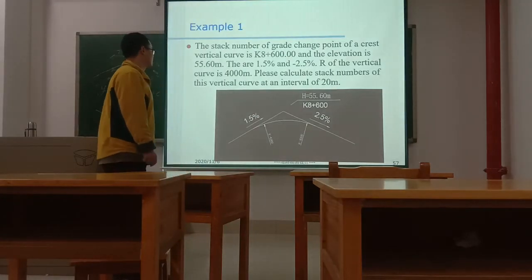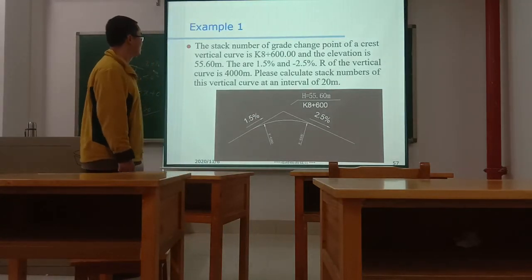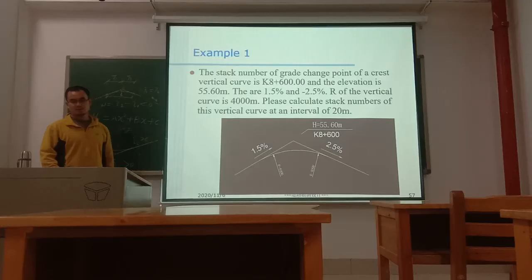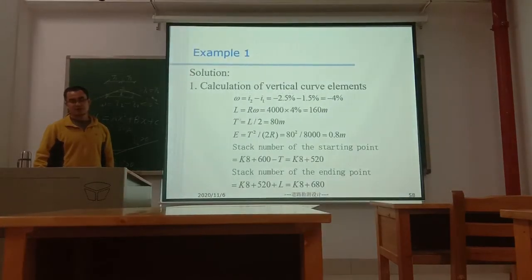The vertical curve radius is 4,000 meters. Please calculate the stack numbers of this value. This is the calculation solution. Firstly, we get omega.